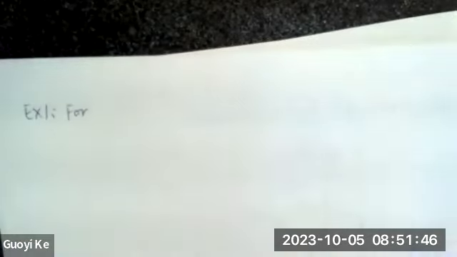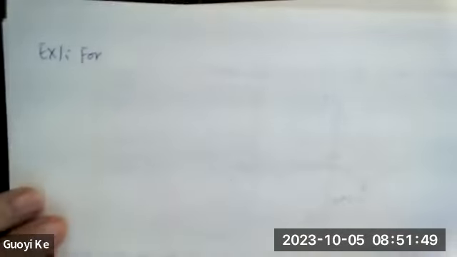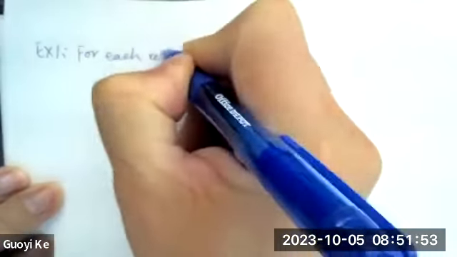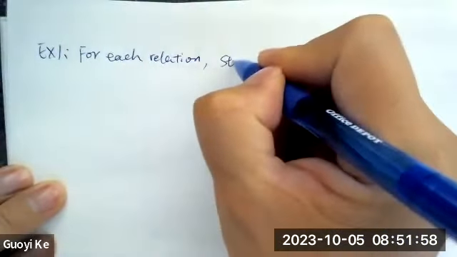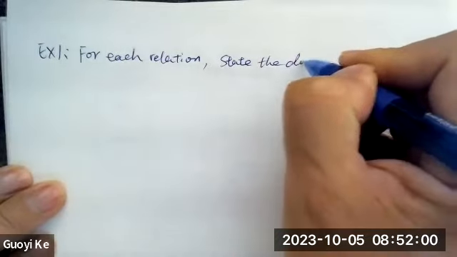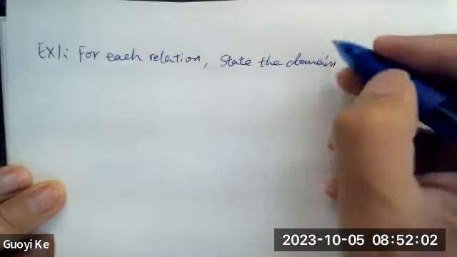Now let's take a look at an example. That is a more specific example. For each relation, state the domain and range.